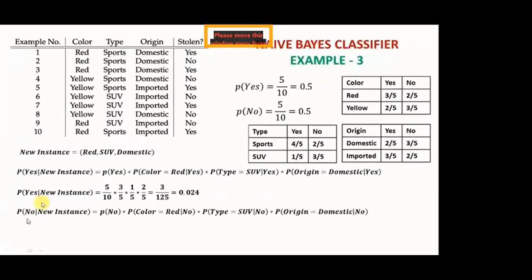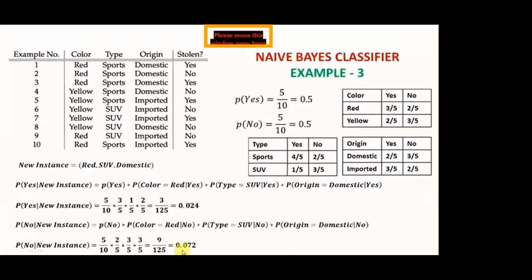Next, probability of no. What is the probability that this new instance is not stolen? Probability of no times red no 2 by 5, SUV no 3 by 5, domestic no 3 by 5. If you multiply them, you get 0.072.